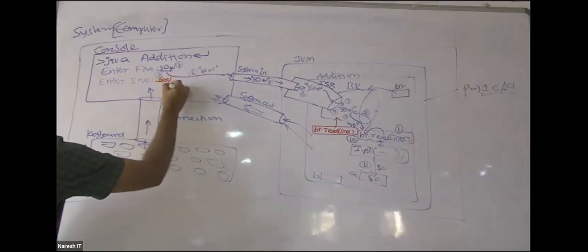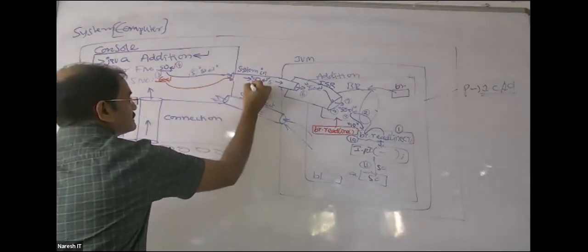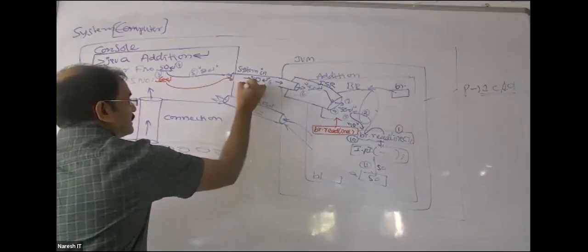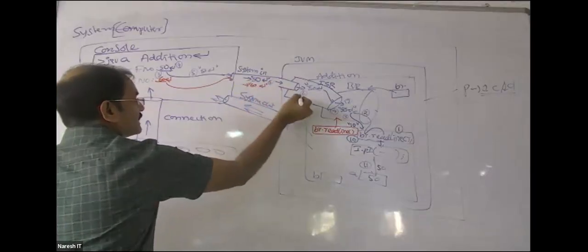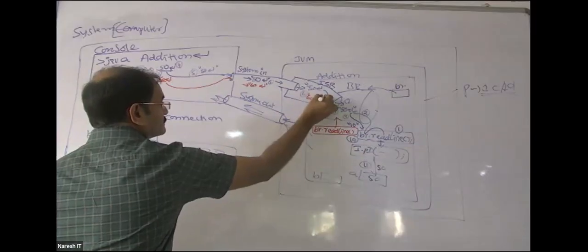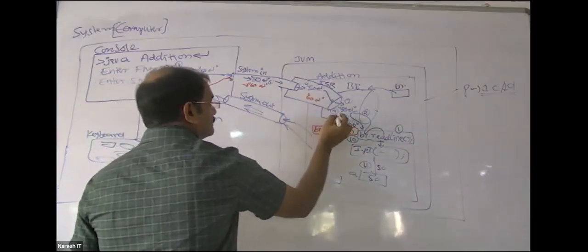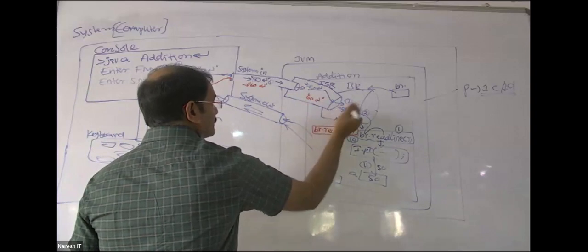Then the data starts traveling to System.in. 60 and the enter key comes here, in double quotes. From there it comes to the BR object, let me write on top.